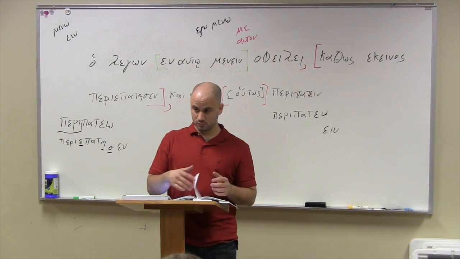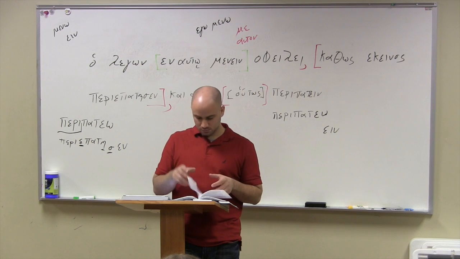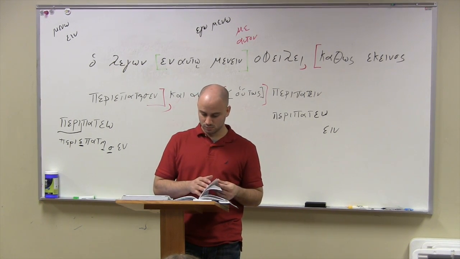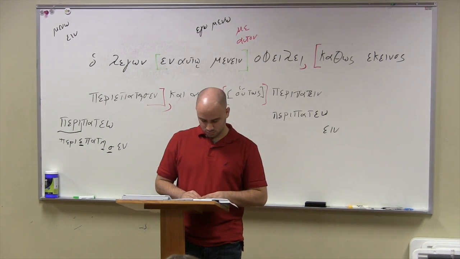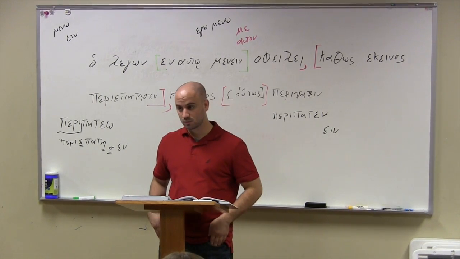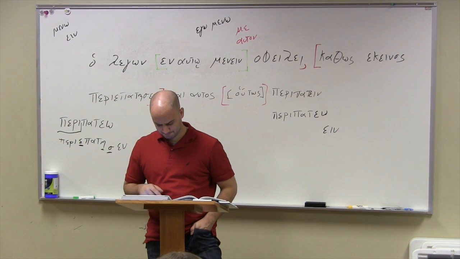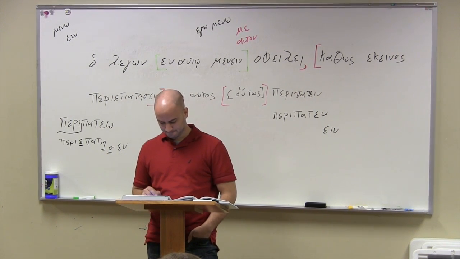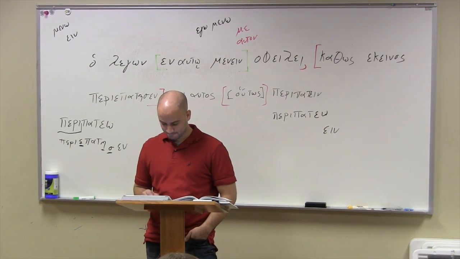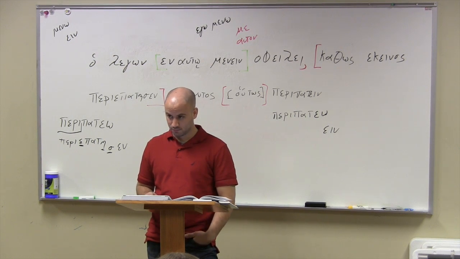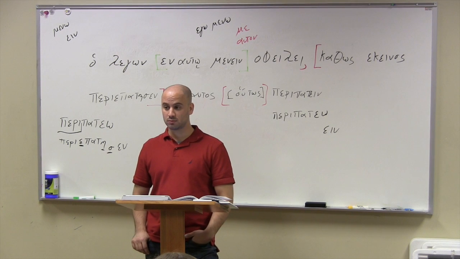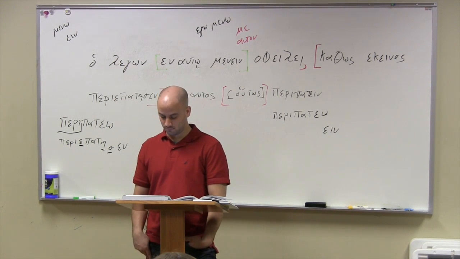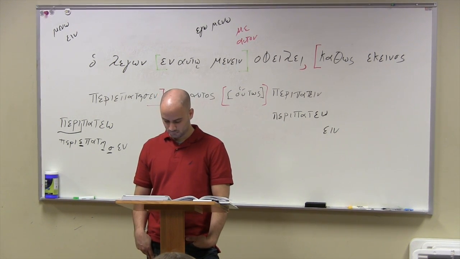All right, now, the reason I was confused is, in Zoteides, maybe he made a mistake, but it's listed as an aorist indicative active.